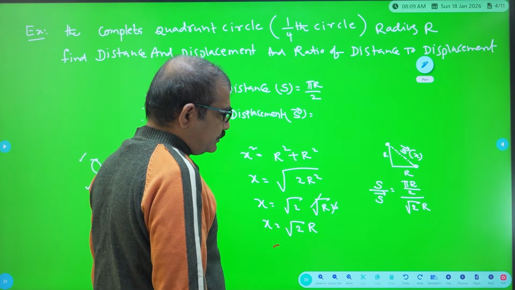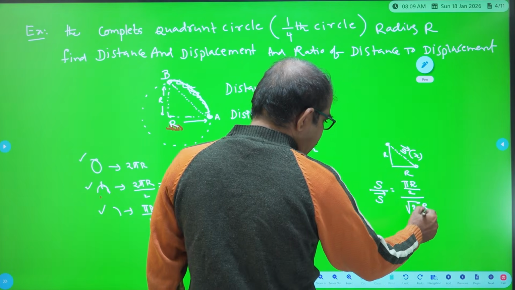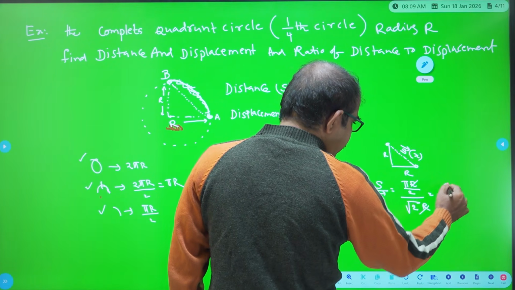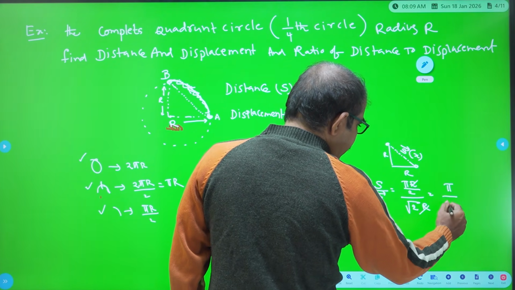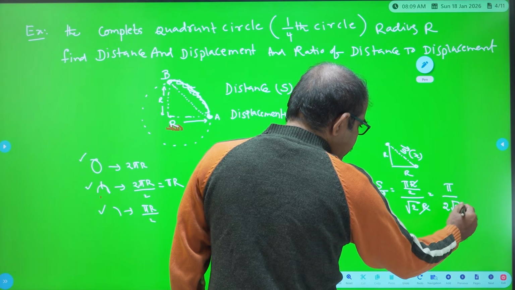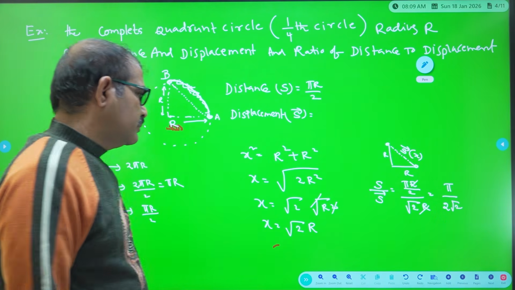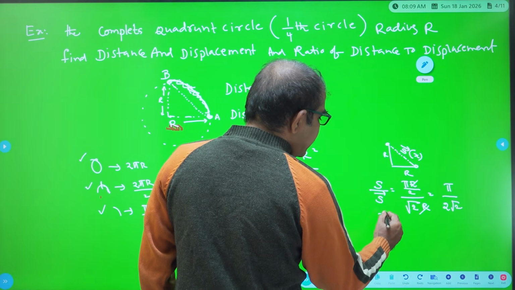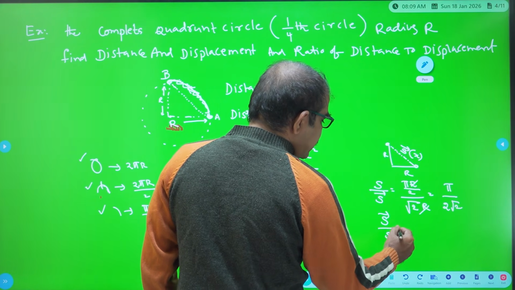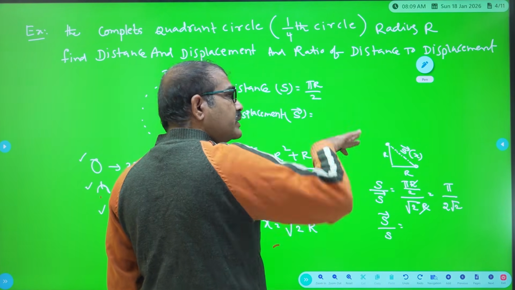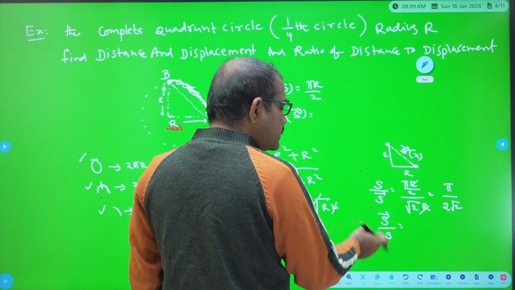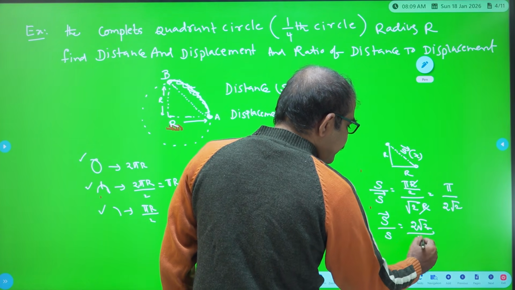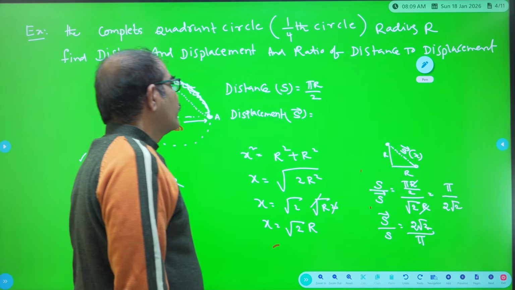R and r cancel, so we get pi by 2 root 2. Then the displacement by distance ratio, taking the reverse: 2 root 2 by pi.